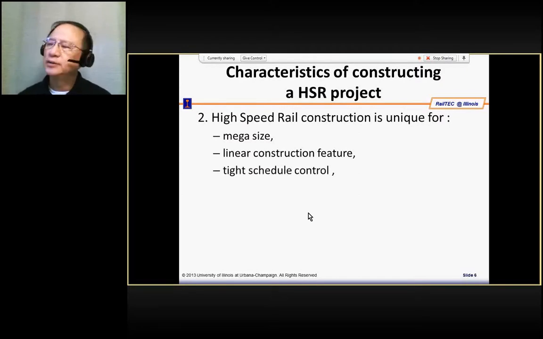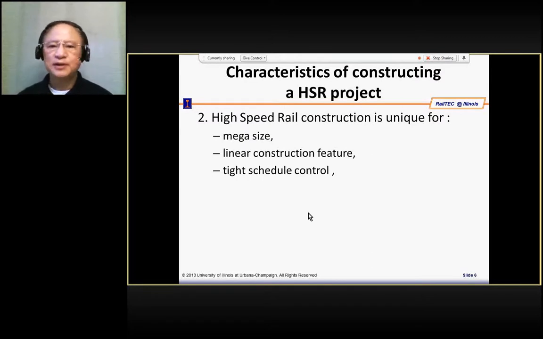The third one is the schedule. The schedule is tight. Why is that? Basically, it's because of your investment. With an investment of 10 billion to 100 billion, the interest will be a lot. If it's a 10 billion project, interest could be something like $1 million per day.